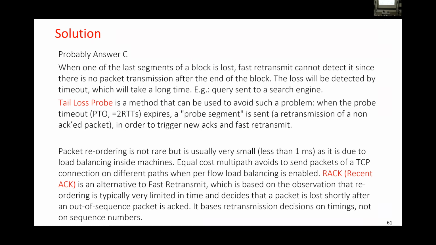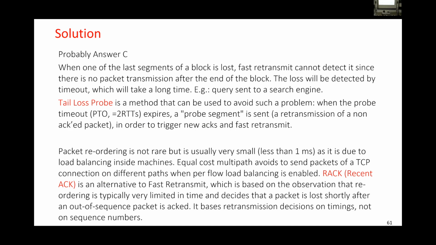So fast retransmit did not say anything, and the regular timeout did not say anything. So we have a smaller timeout, and then we'll be conservative, we'll retransmit, but just the minimum amount that can be retransmitted. And if that was truly a last packet, then this will trigger new ACKs and might trigger fast retransmit.